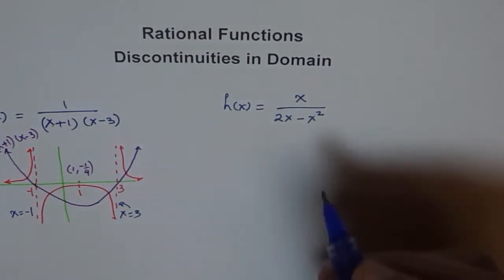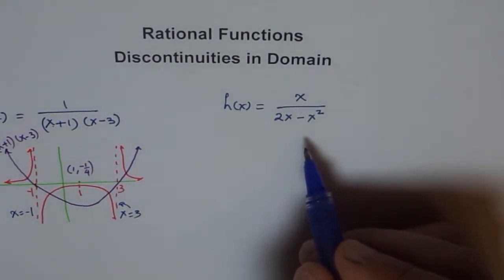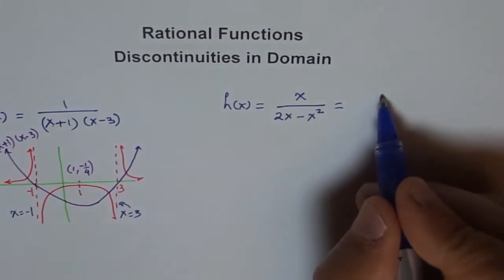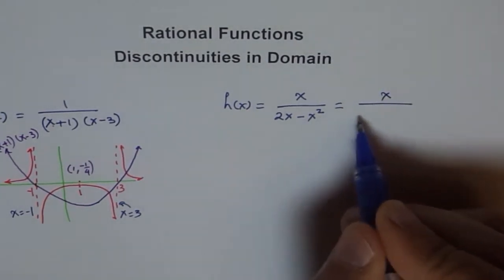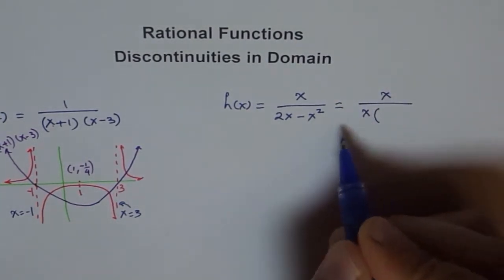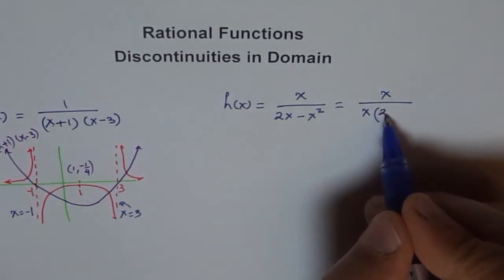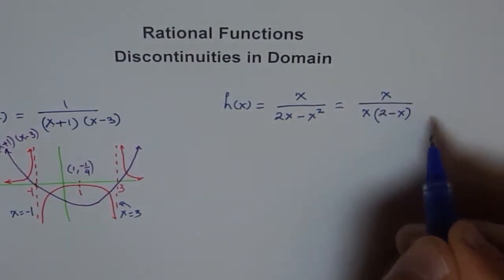In that case, what happens? What we see from here is we can factor the denominator, and if we do so, we get x over, we can take x common, and we get 2 minus x.